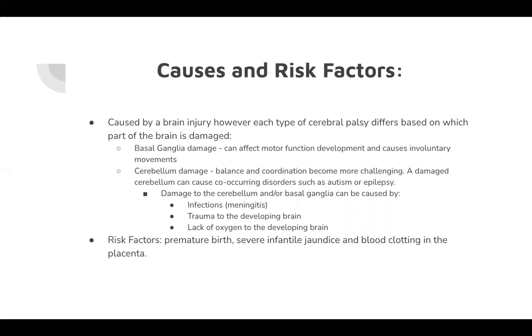Damage to the cerebrum and/or basal ganglia can be caused by infection, meningitis, trauma to the developing brain, and lack of oxygen to the developing brain. Risk factors are premature birth, severe infant jaundice, and blood clotting in the placenta.